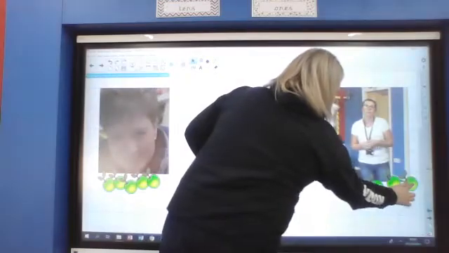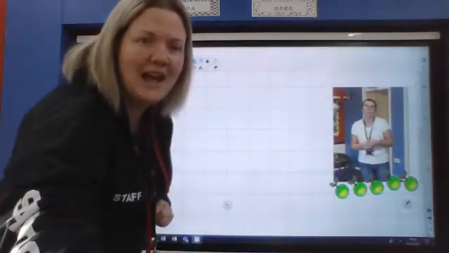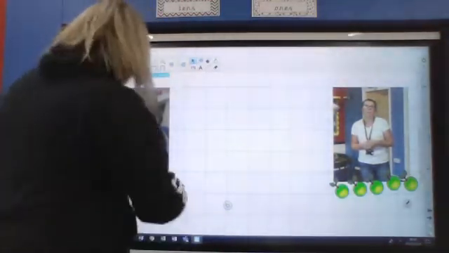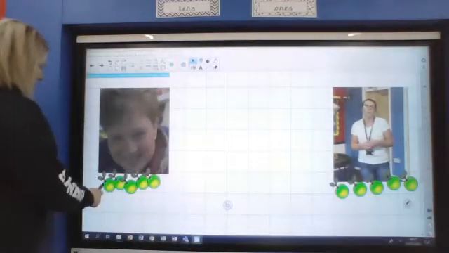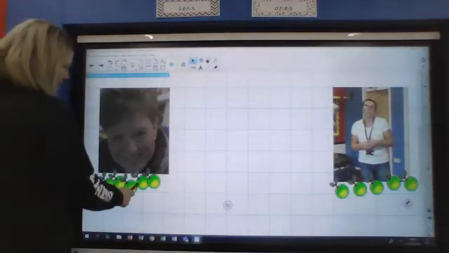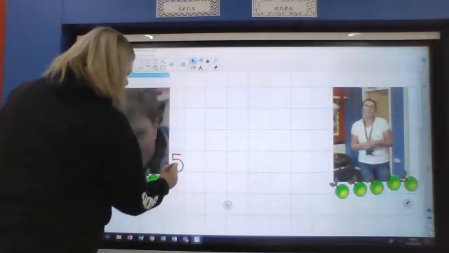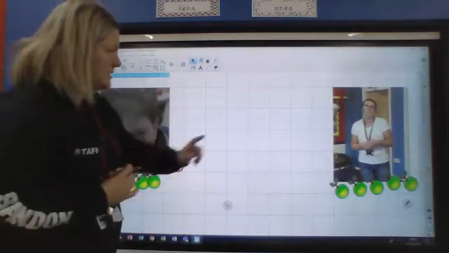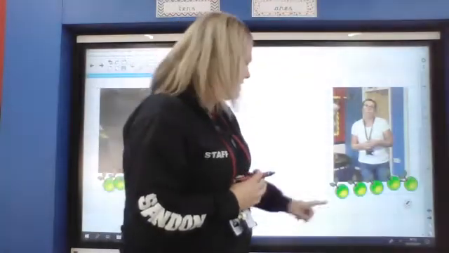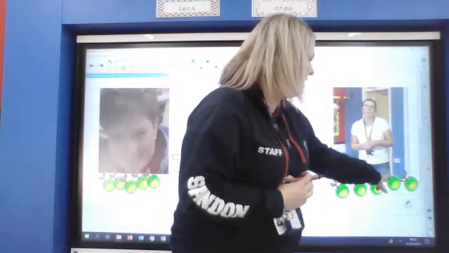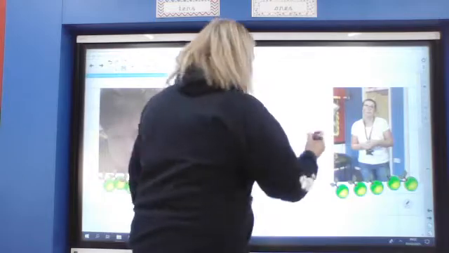Shall we count and see how many apples they've got each? So Mrs. Beckett has 1, 2, 3, 4, 5. Mrs. Beckett has 5 apples. Miss Wildig has 1, 2, 3, 4, 5 apples.